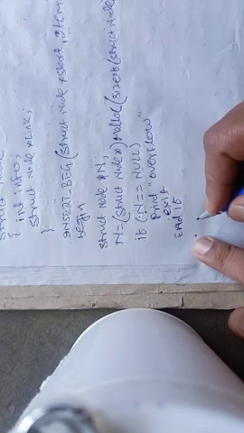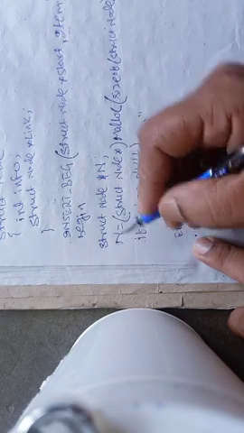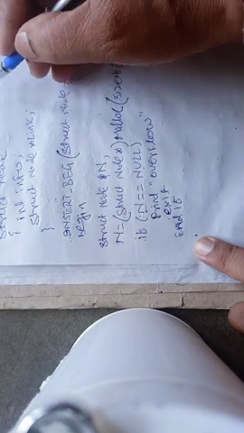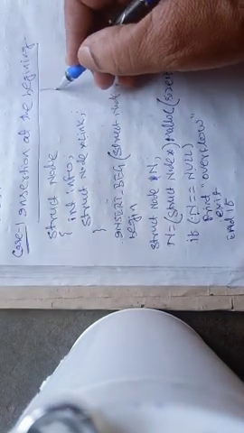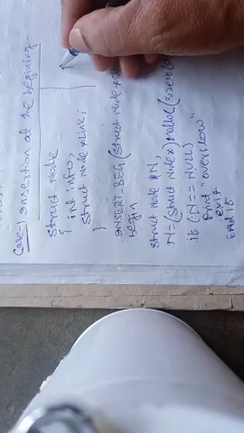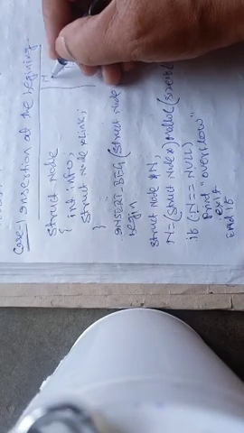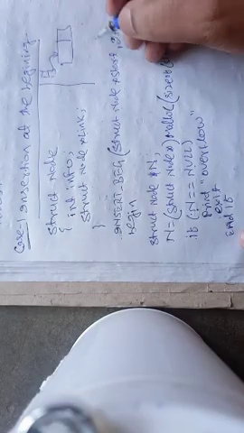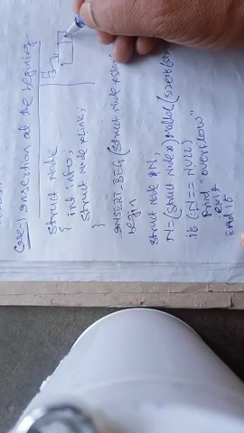When the memory block is reserved, n will contain the address of that node. Suppose this is the memory block that is created, and n will point to that memory block, and this block must have two fields. One part is info, the next part is link.